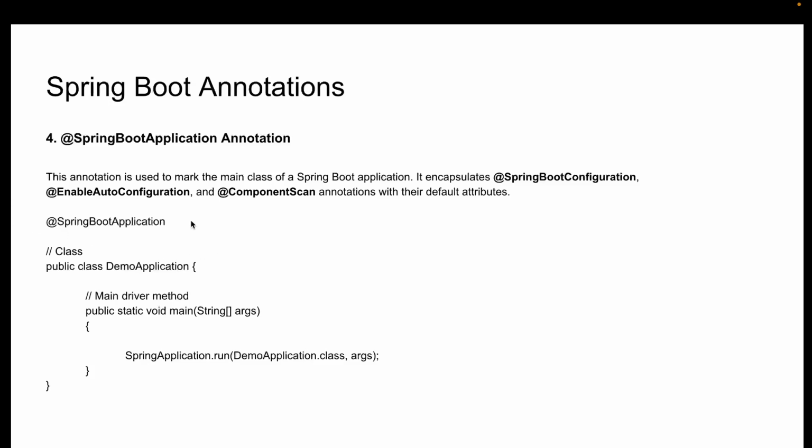So this @SpringBootApplication is the most important annotation that you will be using in your main class, the class which is responsible for starting your Spring Boot application. So this is the most important annotation in Spring Boot.